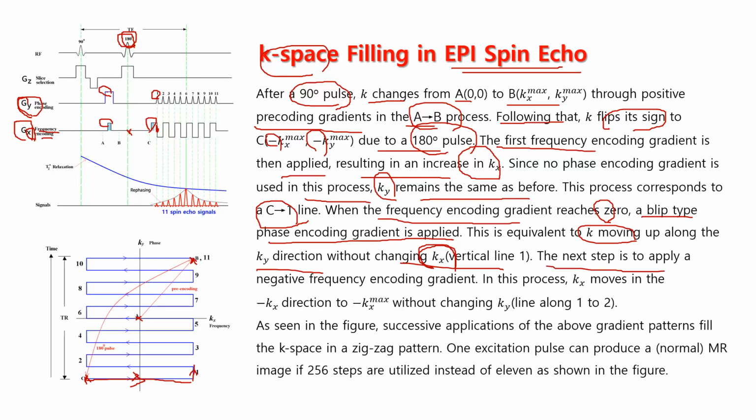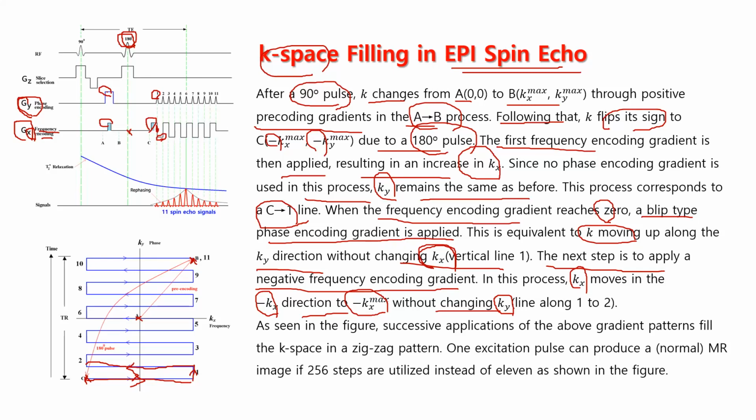Next step is to apply a negative frequency encoding gradient. This negative frequency encoding gradient, so it's moving in this direction. In this process, Kx moves in the minus x direction to minus Kx maximum without changing Ky. So moving this direction.